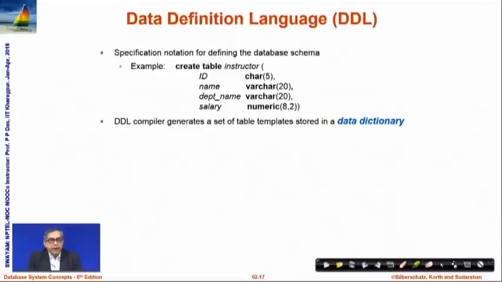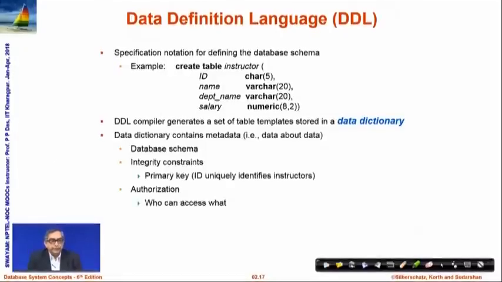The data definition language compiler generates a set of tables in the data dictionary, where the data dictionary basically contains metadata. As I said, the schema is nothing but metadata about the database tables. It will have the database schema and different integrity constraints.